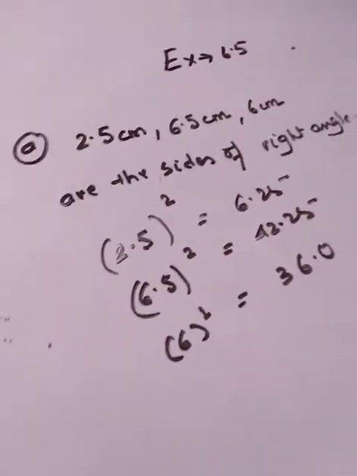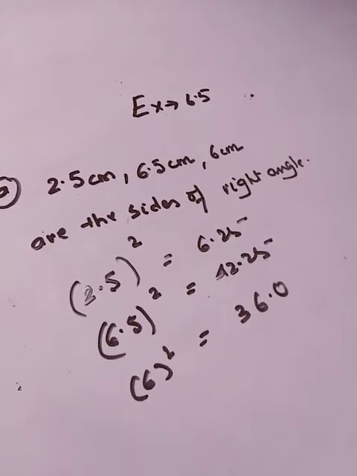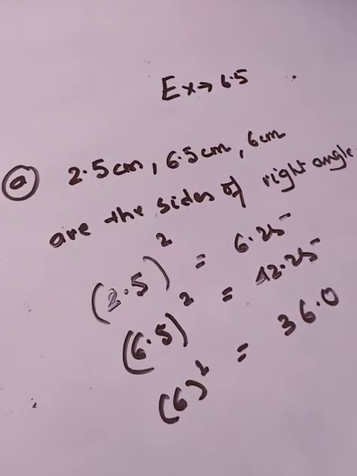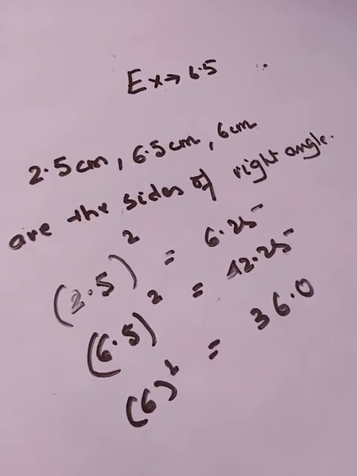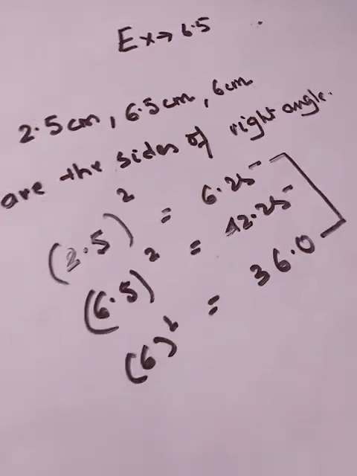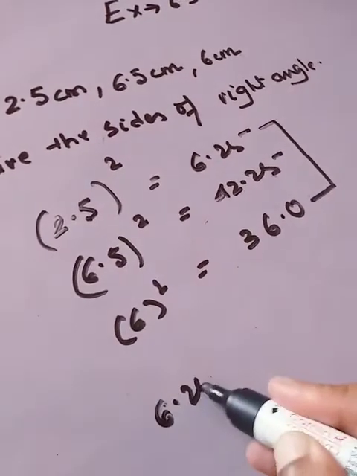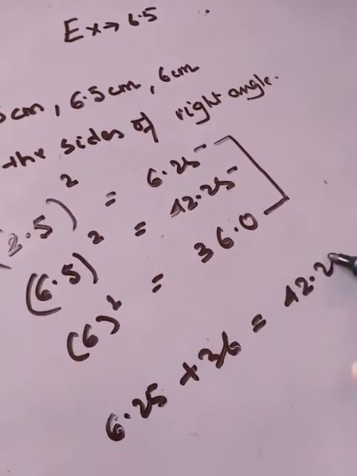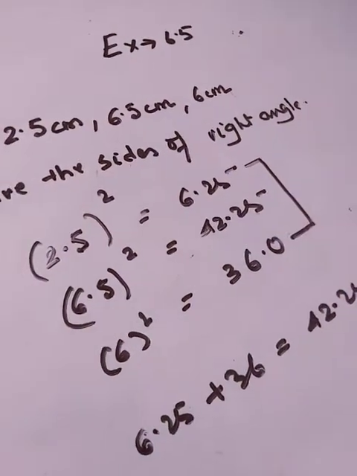Now you have to see whether the sum of any two sides is equal to the third side. So if I add 6.25 plus 36, what will we get? 42.25. So it's matching with this, isn't it?